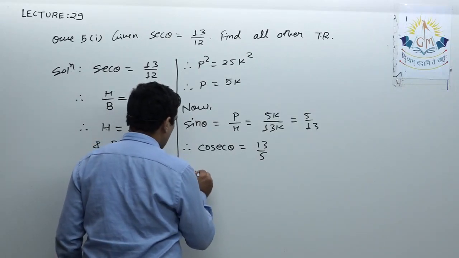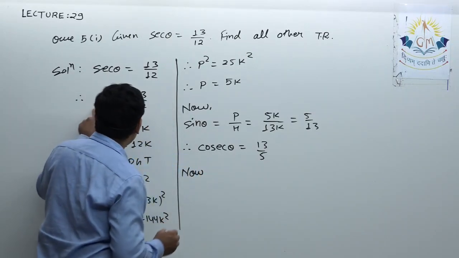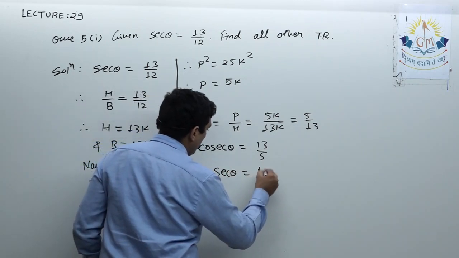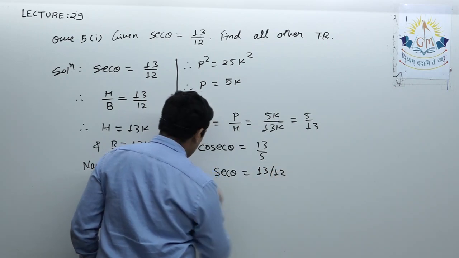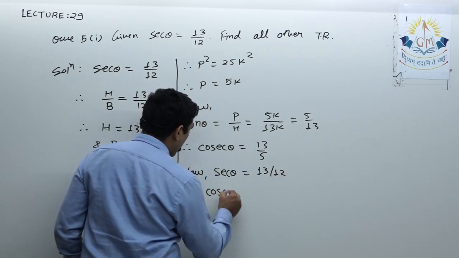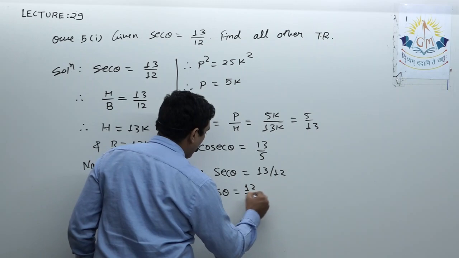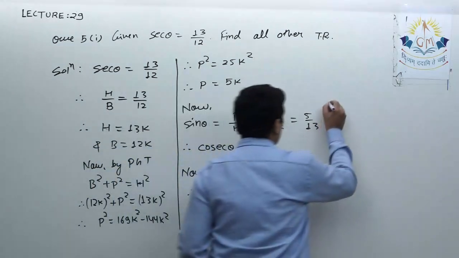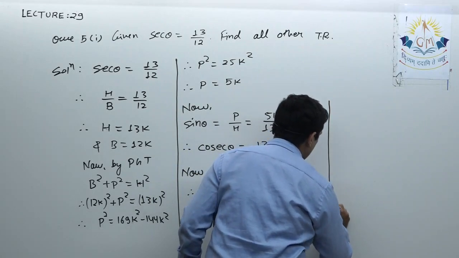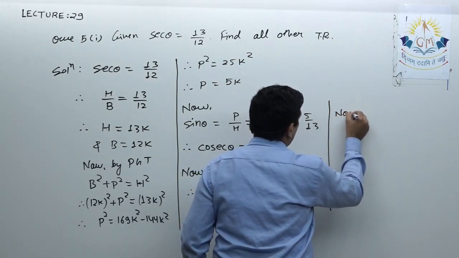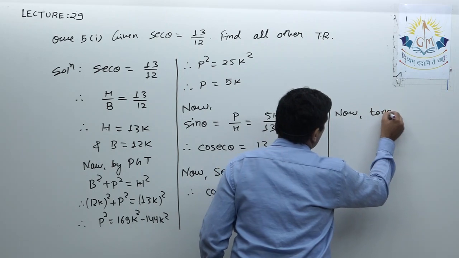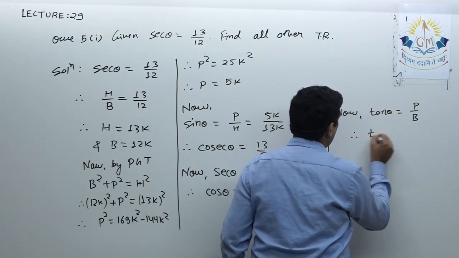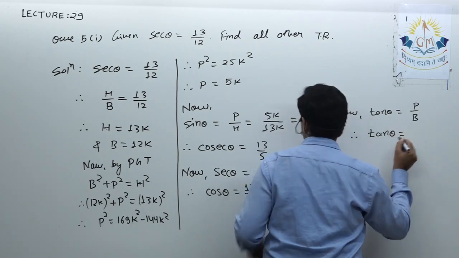Now cos theta: we have sec theta as 13 by 12, therefore I can write cos theta is directly 12 by 13. Now we need two more ratios, so we'll find tan theta. Tan theta is equal to perpendicular upon base.